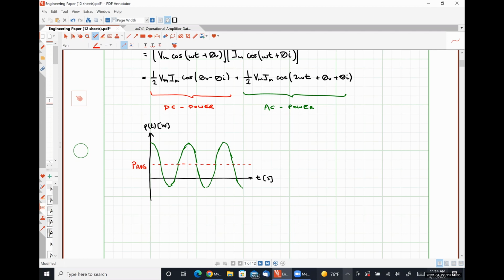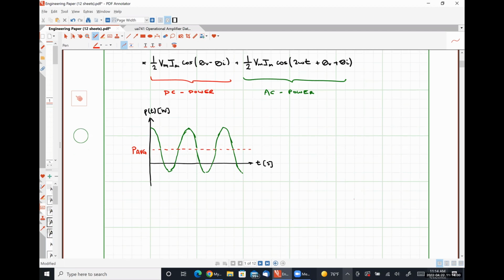All right, so the next thing that we are going to do is we are going to take this general equation and see what happens in the specific instances of taking the instantaneous power across a resistor and inductor, or excuse me, an inductor and a capacitor, okay?